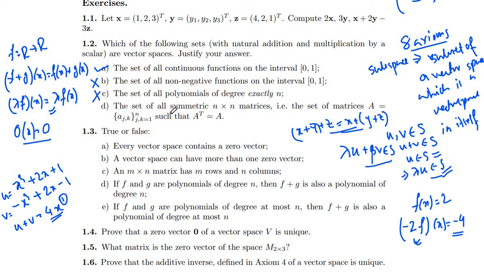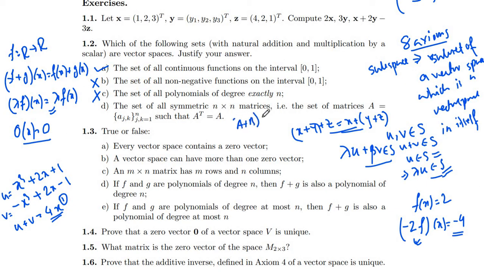Similarly, the set of all symmetric matrices, such that A transpose equal to A. Now what are they asking? Is it a vector space? Now let's think about it. If you take two symmetric matrices A and B, now A plus B should also be symmetric.